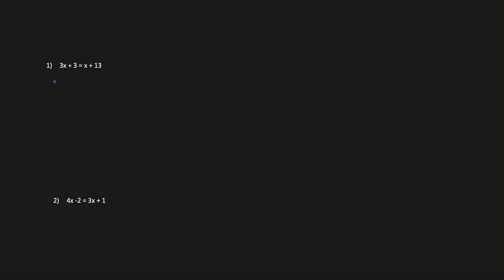This is our first equation, which is 3x plus 3 equals x plus 13. The first thing we will always do is try to bring all the x's on one side, and the other terms on the other side.